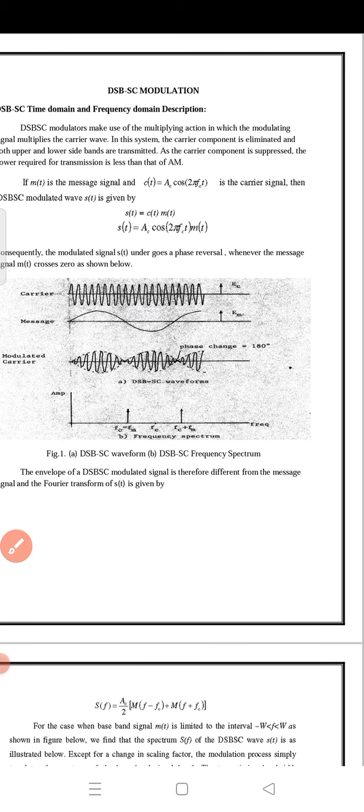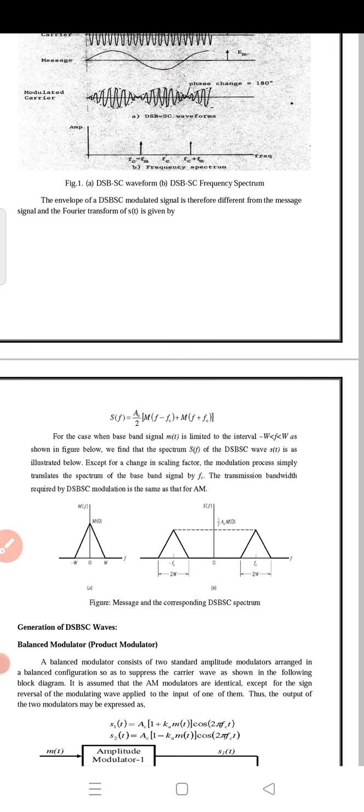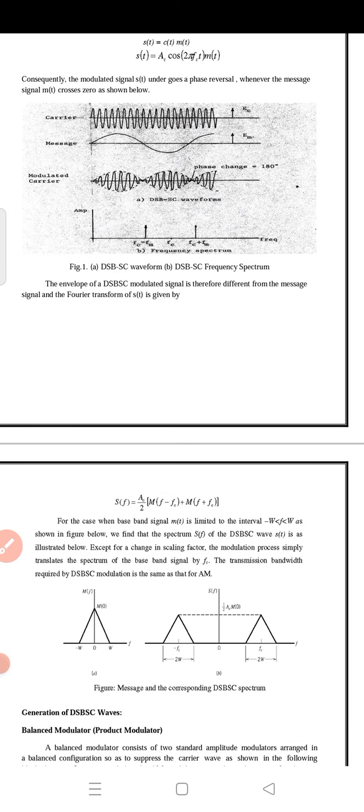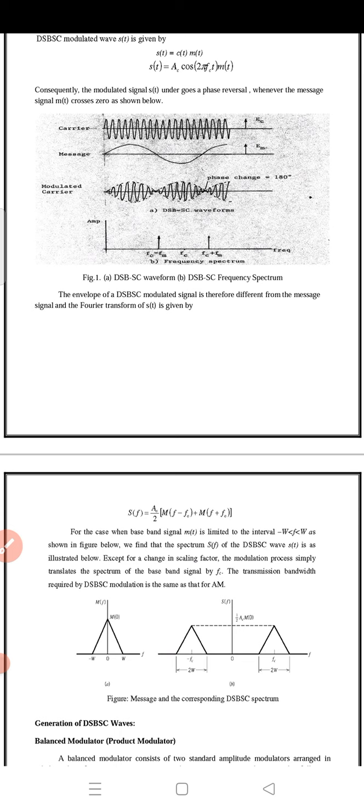What is the use of this technique? We save 66 percent of power compared to the AM wave, because the power relation clearly states that the carrier power plays a major role during transmission, but the carrier component is the one we don't need to transmit.